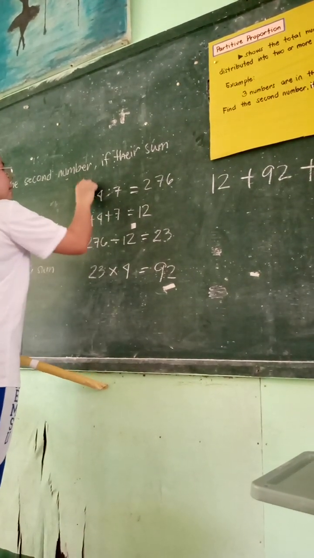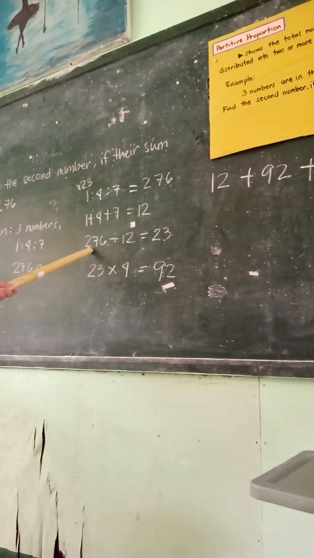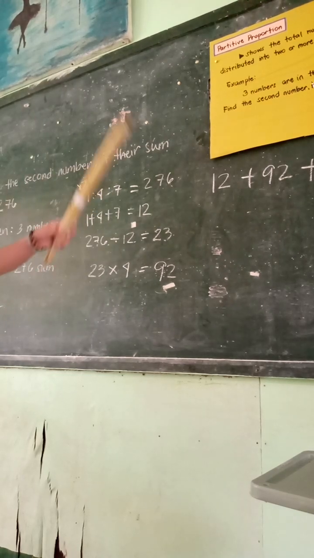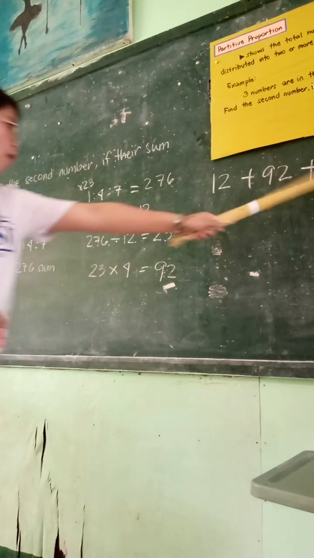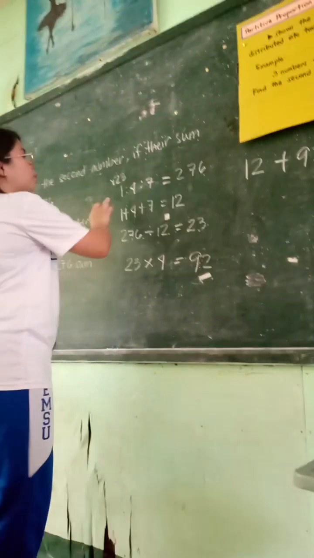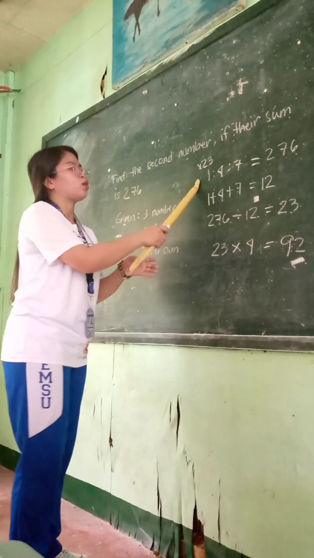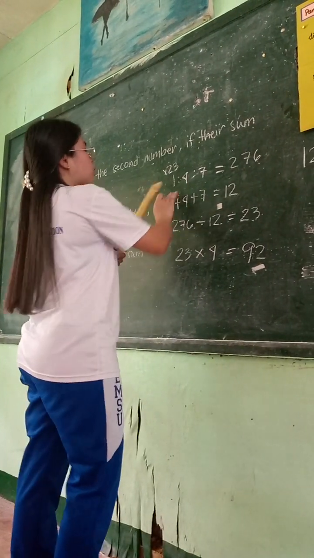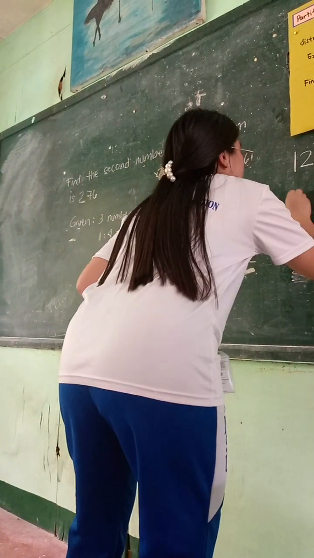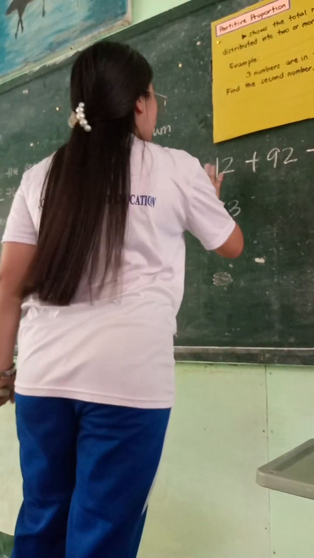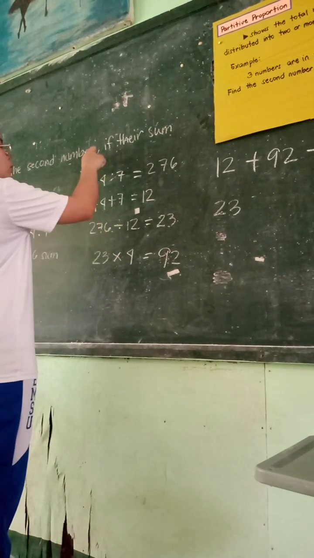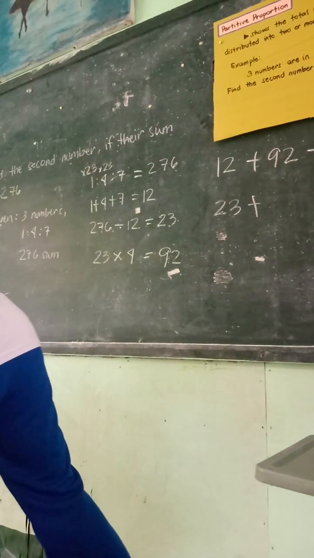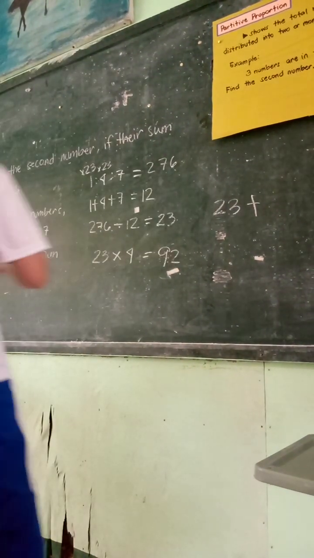To find the third term, what we are going to do is to multiply this ratio by 23. So, 1 times 23, we're going to write 23. 4 times 23 is 92.